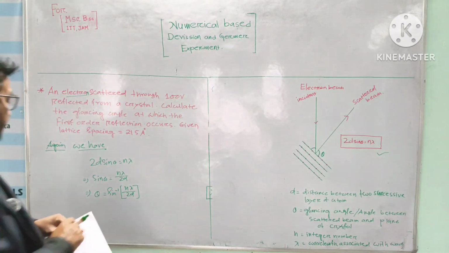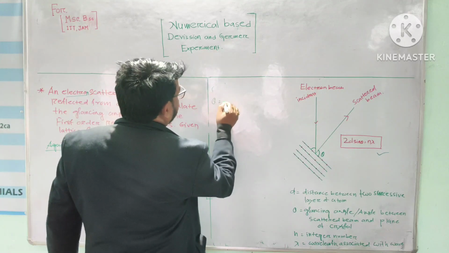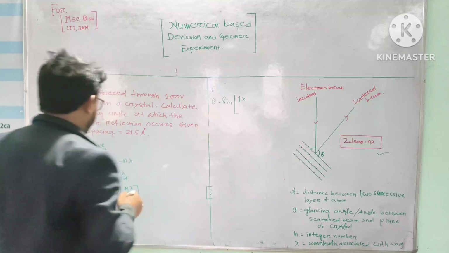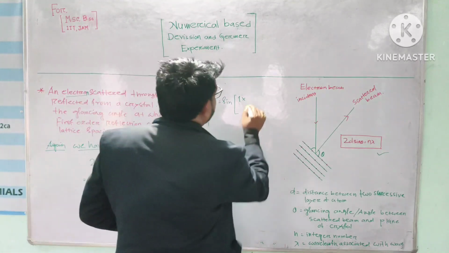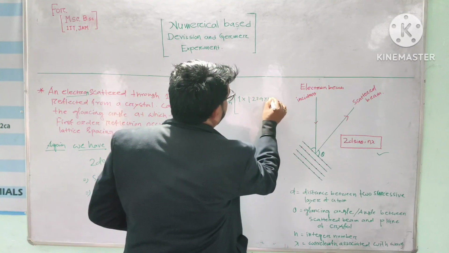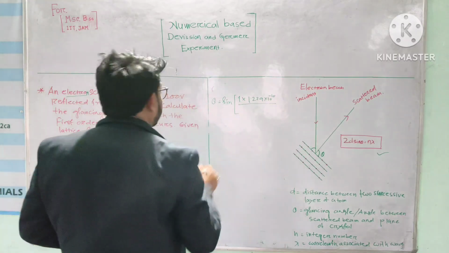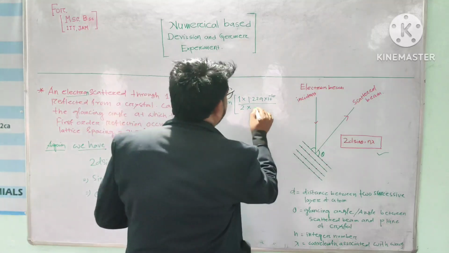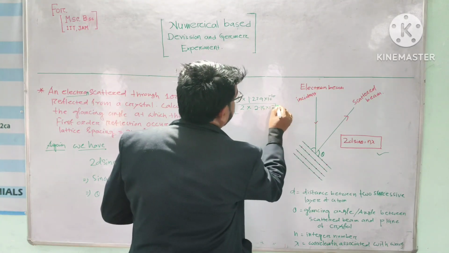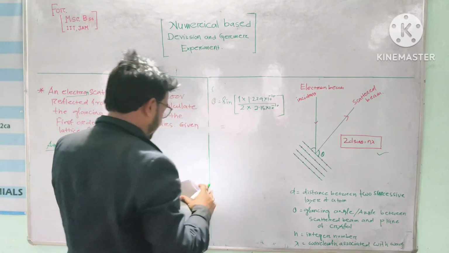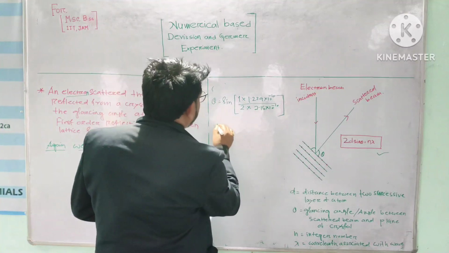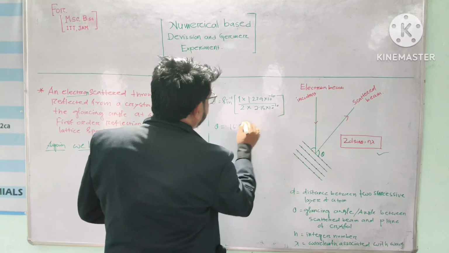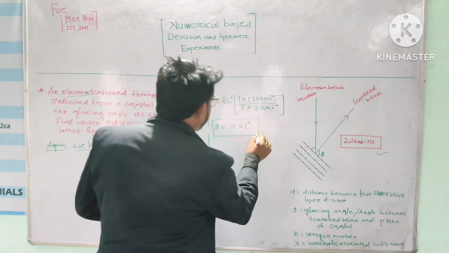Now theta equals sin inverse of n lambda, n equals 1, and lambda equals 1.229 into 10 to the power minus 10, divided by 2 into d. The value of d is equal to 2.15 into 10 to the minus 10. After solving this part, we will get theta equals 16.61 degree. So this is our required glancing angle.